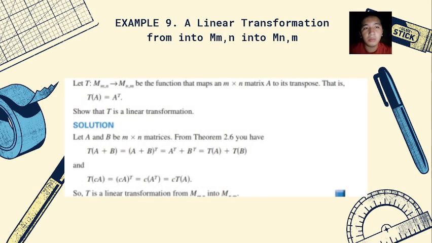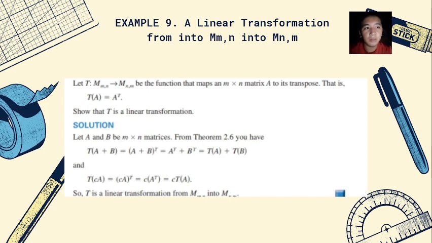For this example, let T from M(m,n) into M(n,m) be the function that maps an m times n matrix A to its transpose, that is, T(A) = A^T. Show that T is a linear transformation. Solution: let A and B be m times n matrices.